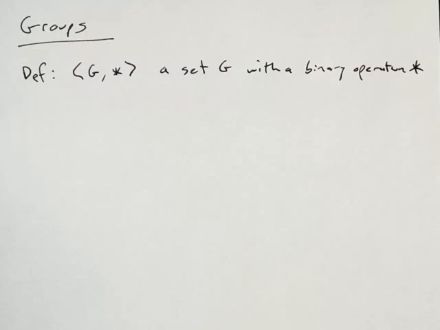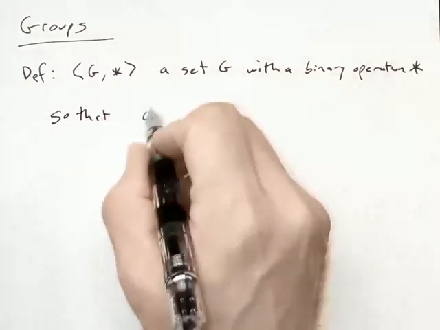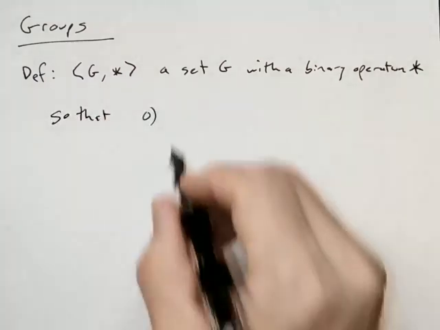Technically, there are 4 properties required. The textbook only lists 3 because it assumes one of them. I hate assumptions. So, I'm going to list all 4. The first one is property 0.